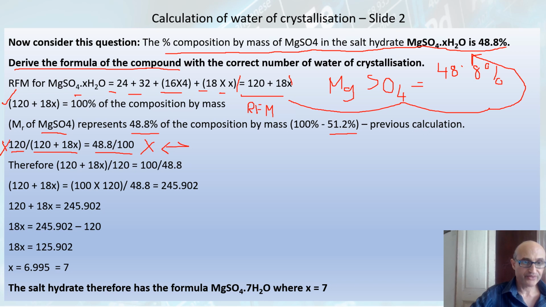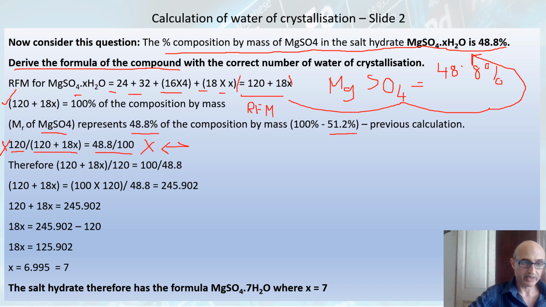So, in other words, by simple mathematics, if I just flip them around, 120 over 120 plus 18x would be equal to 48.8 over 100, inverted. What have I done here? I've just inverted them, and you shall see why.